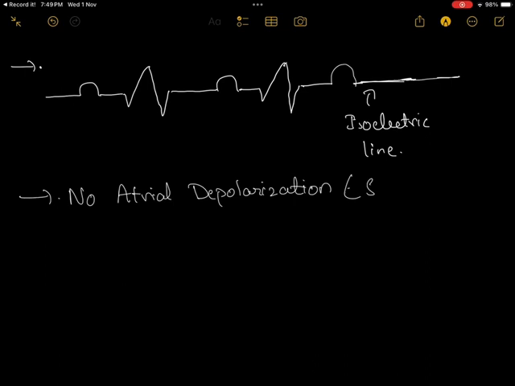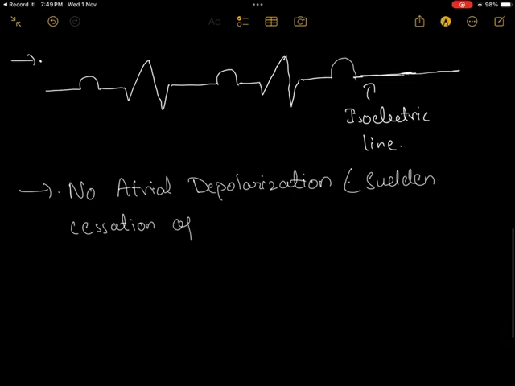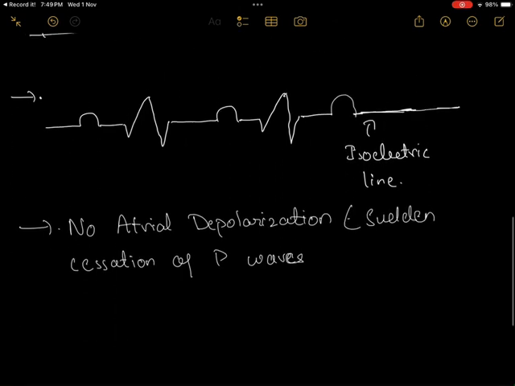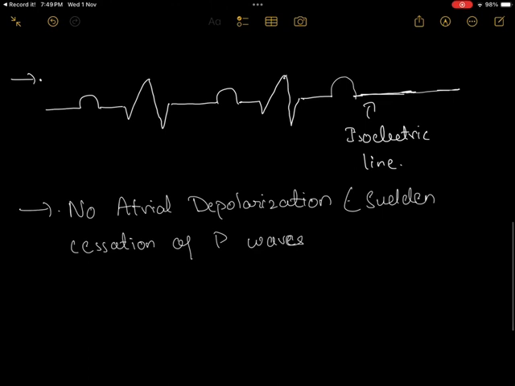It means there will be sudden cessation. Cessation means ceasing or stopping of anything. Sudden cessation, because there is no forming of P waves after some time. So this is the first thing whenever a patient has sinoatrial blockage: if you take the ECG record, the first phenomenon we see is cessation.